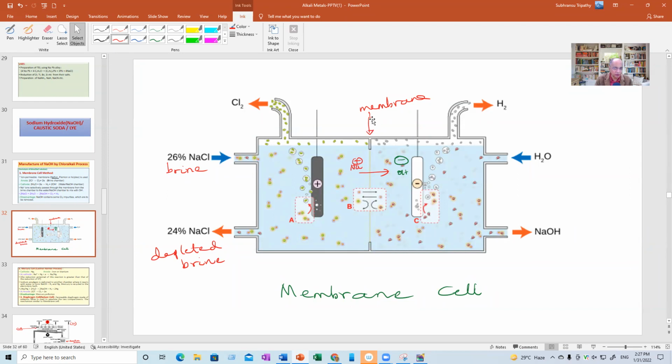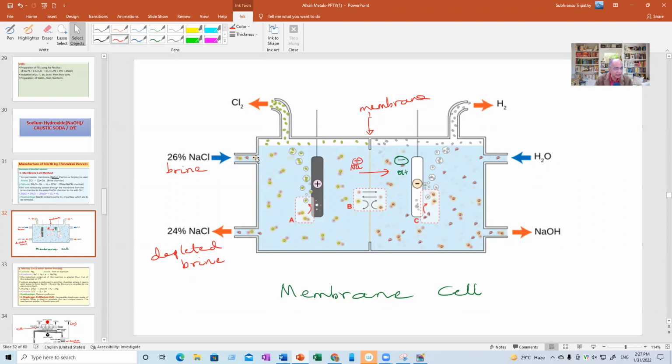This is made up of thin plastic of very, very sophisticated nature. They're being tailor-made to perform this task. Now, what happens here when you keep brine?